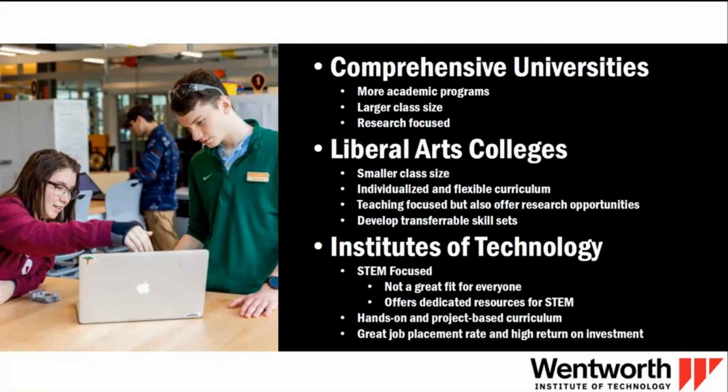So students tend to have a higher salary after graduation. For example, for our Wentworth graduates of 2020, their annual median starting salary is actually $64,000. That's much, much higher than the national average.